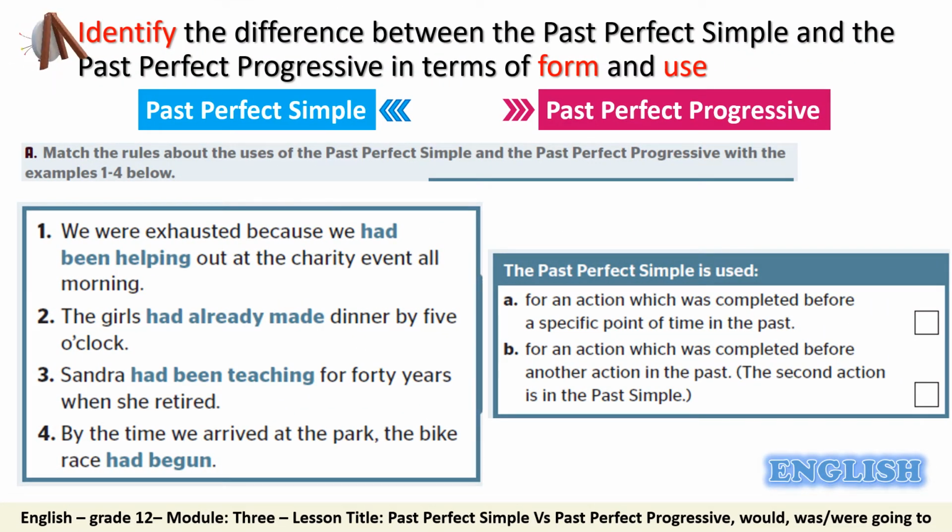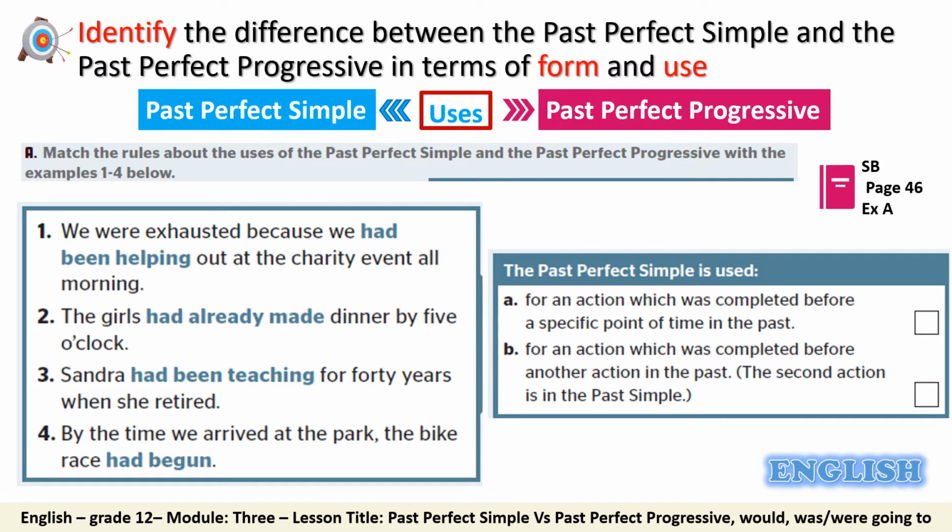Now we will work on the different uses of the past perfect simple and the past perfect progressive. For this, I would like you to go to activity A in your student's book, page 46. As you can see, you have 4 sentences on your left hand.